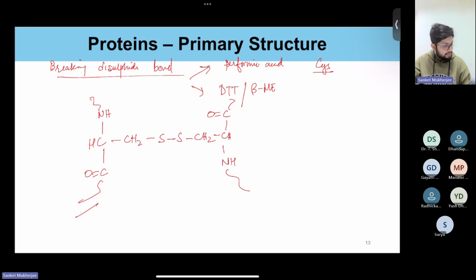Either you give performic acid, it will cause oxidation, and this structure will look something like this. CH, C double bond O, CH2, S, basically this is SO3. And you will similarly get the similar structure here as well.